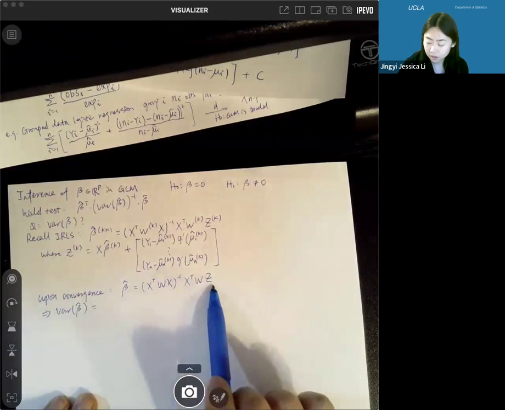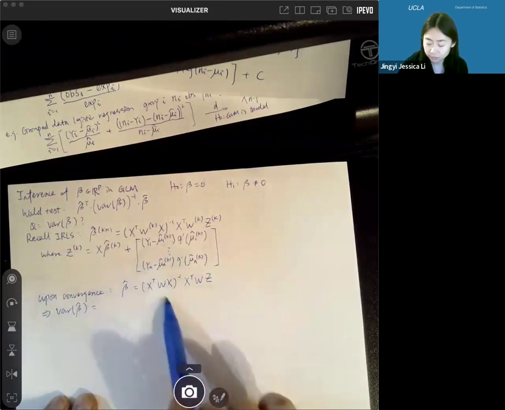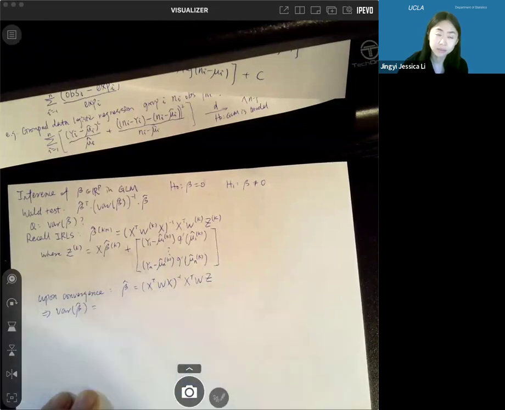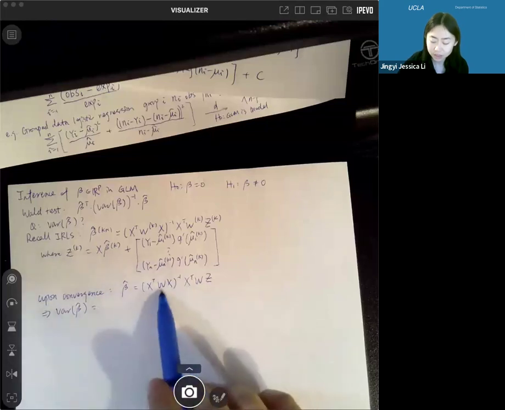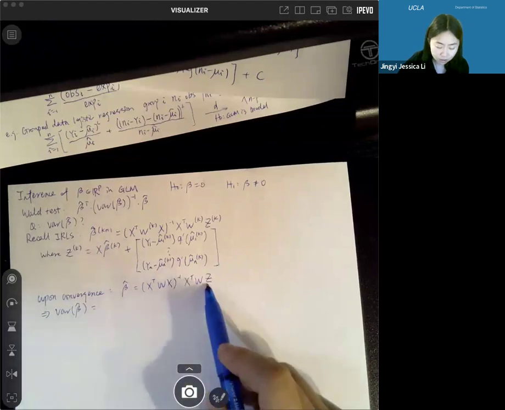Random variables are only in Z because Z involves Y1 to Yn. These are random, but W is only about parameters. And once we assume that upon convergence, the parameters are the true values, so that's the approximation we do here. We don't consider the parameter estimates' randomness. We consider them just to be parameters. Then the randomness is only in Z.